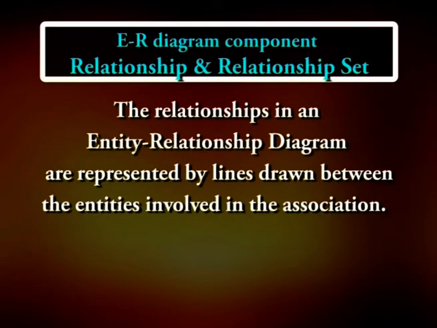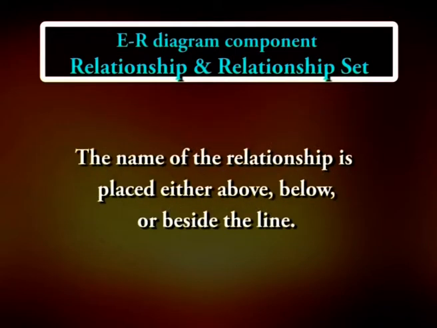For example, class is taught by instructor. The relationships in an entity relationship diagram are represented by lines drawn between the entities involved in the association. The name of the relationship is placed either above, below or beside the line.